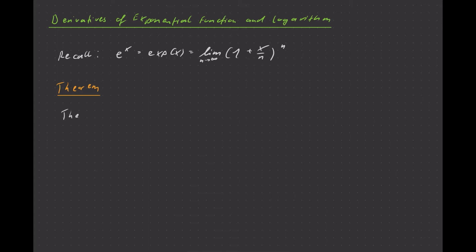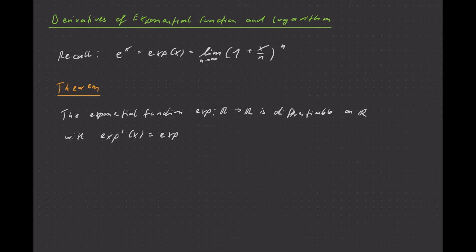So the exponential function exp, which is defined on the reals and maps to the reals, is differentiable on the whole real line with exp prime of x equals exp of x. And in the following, I'd like to prove to you that this is actually true.